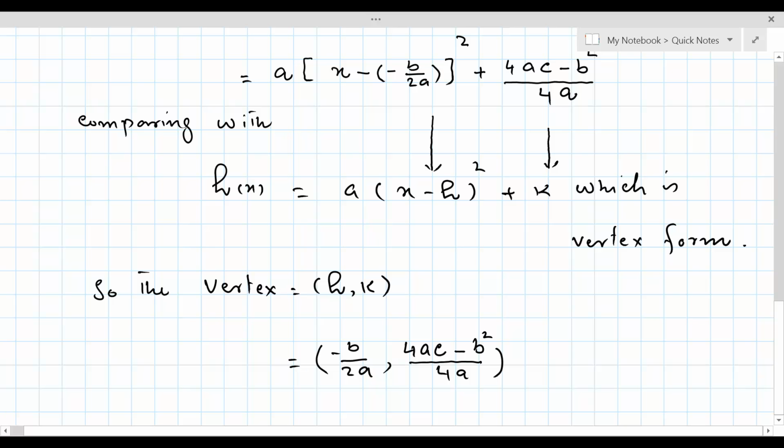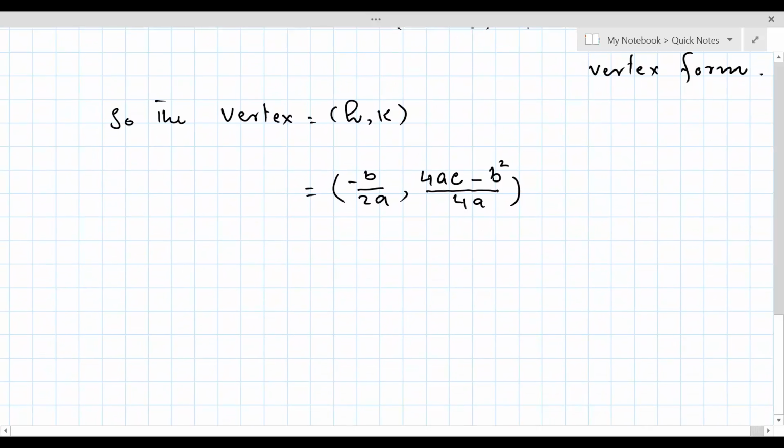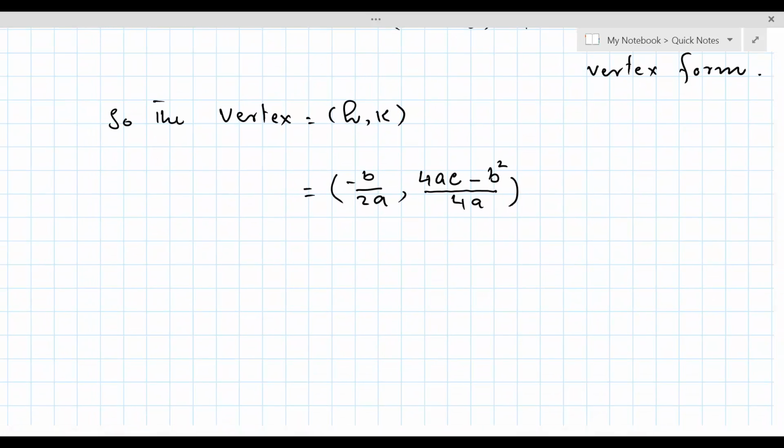This is the vertex, or equivalently it is relatively easier to find just the x component of the vertex and then find the value from the function.